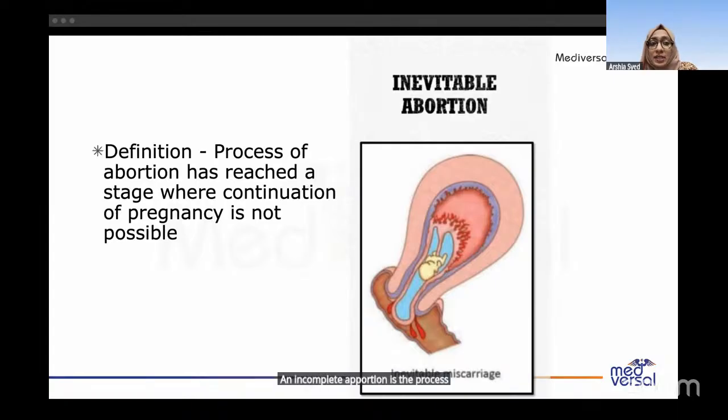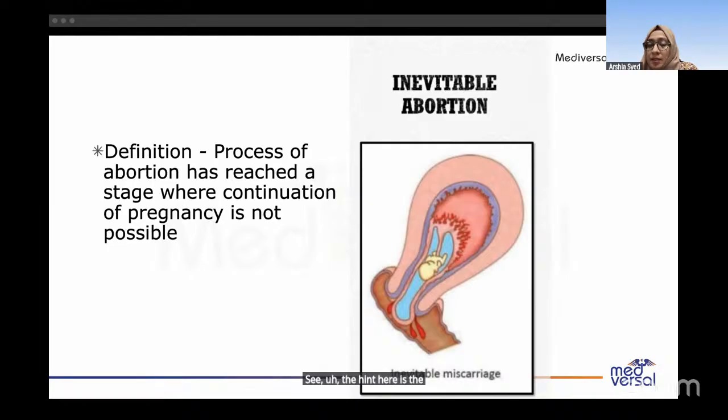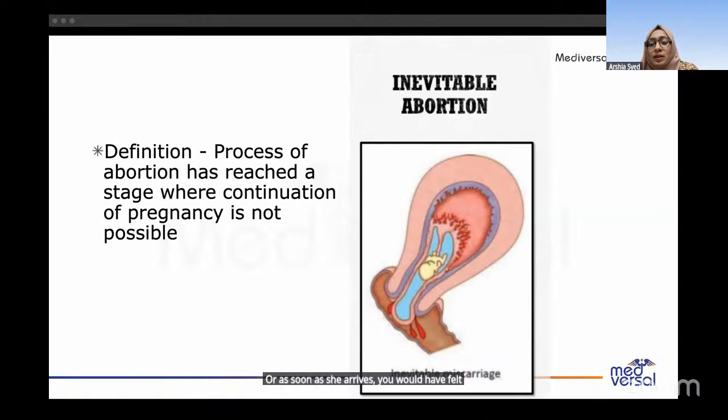An inevitable abortion is where the process of abortion has started and has reached a point where you cannot do anything to save the pregnancy. The hint here is that the products of conception are already outside. Most of the time the patient would have expelled everything either at home before arrival, or as soon as she arrives you would feel it at the os.